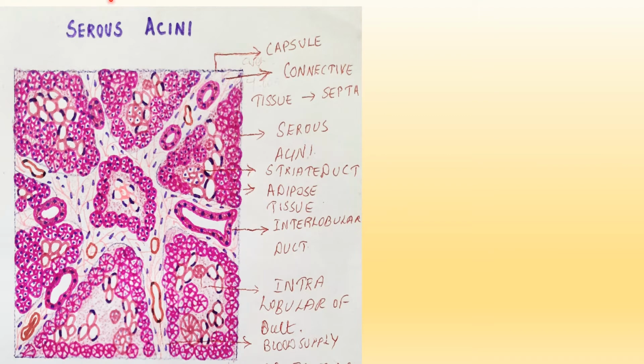Now we are going to see about the serous gland. The example of the serous gland is the parotid gland. Here in the parotid gland, outside, you can see it is covered by a capsule.